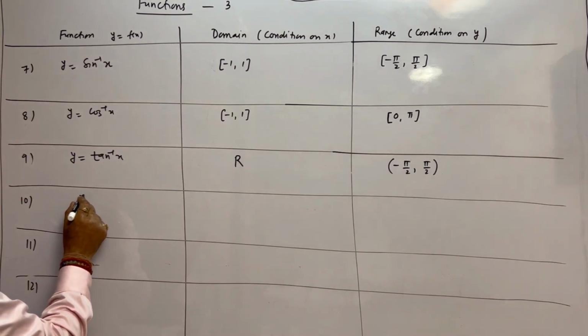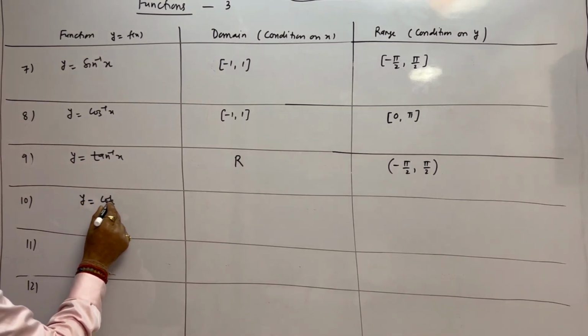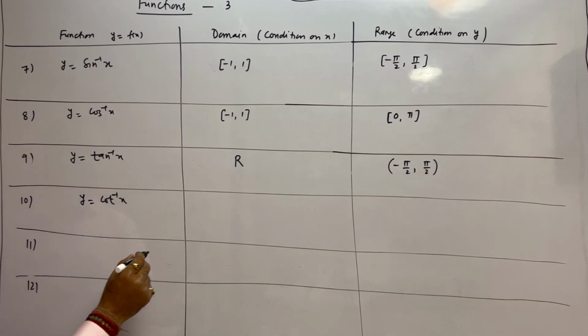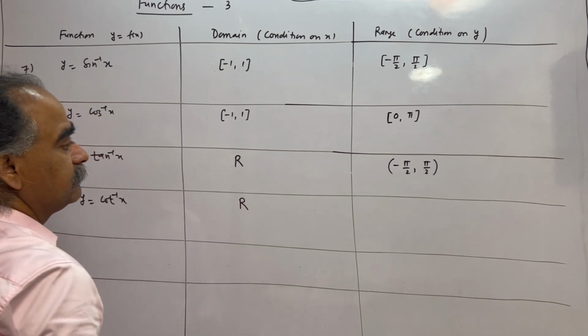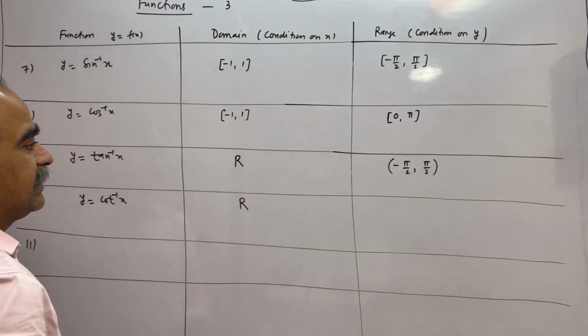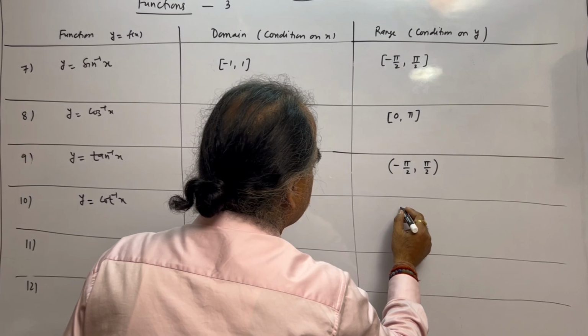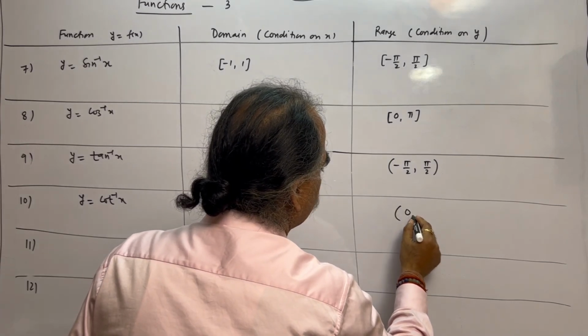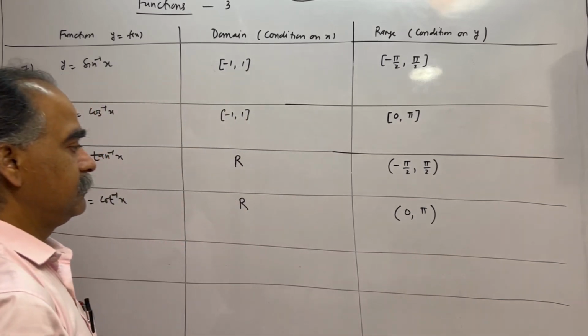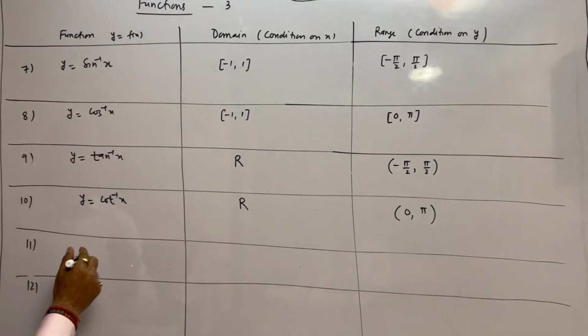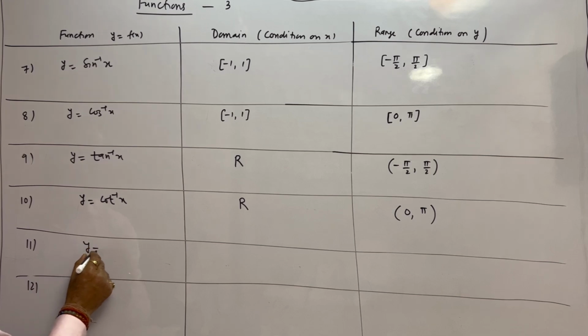Then y is equal to cot inverse x. Domain is the entire line. And range is the open interval 0 to pi. Y is equal to sec inverse x.